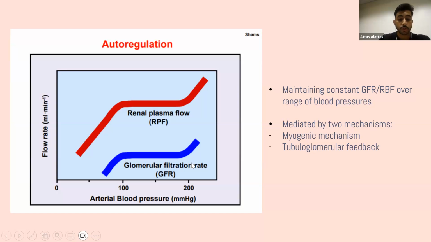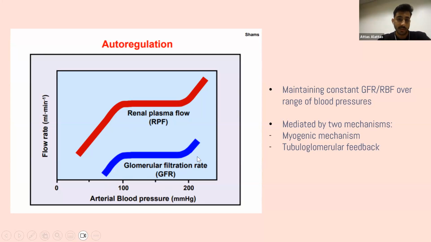So from 100 to 200, the kidneys have mechanisms that will maintain the renal plasma flow and the GFR. It will keep them constant throughout this range of blood pressure. They will not fluctuate. And this is a protective mechanism, okay?